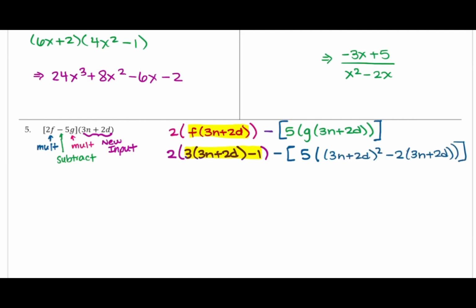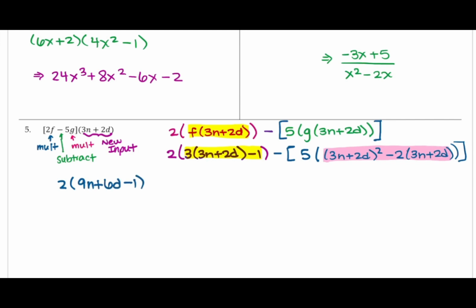And to that, once I do everything inside, I am going to distribute that 5 to everything. And then I'll distribute the negative, changing all my signs, and then I will be able to combine all of my like terms.